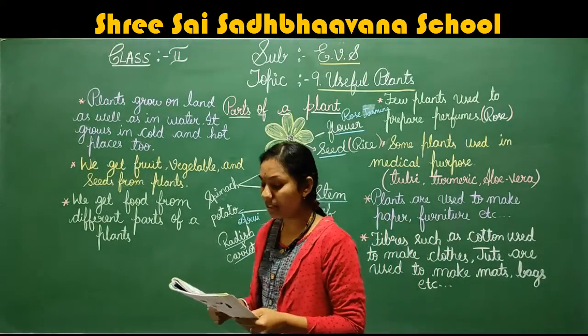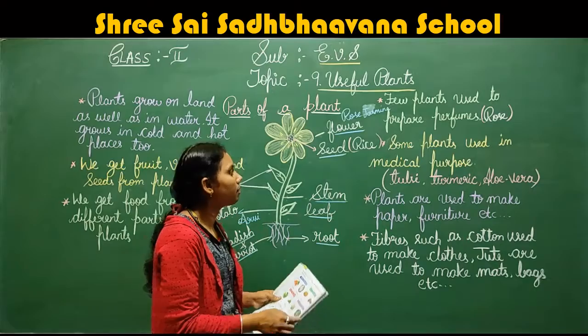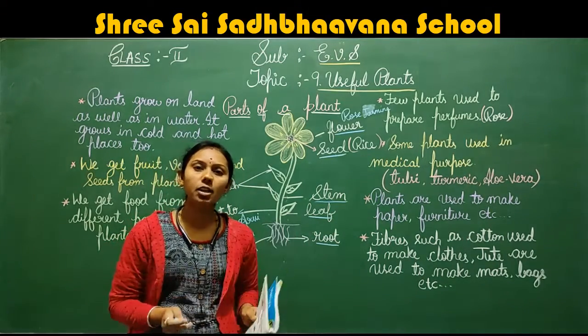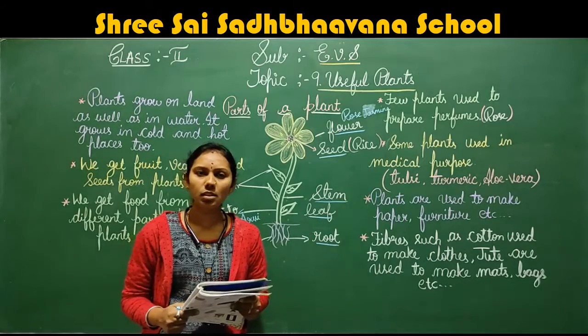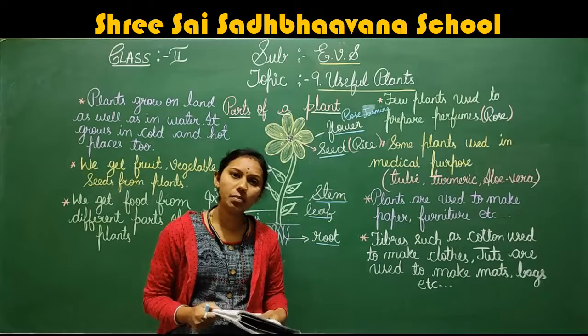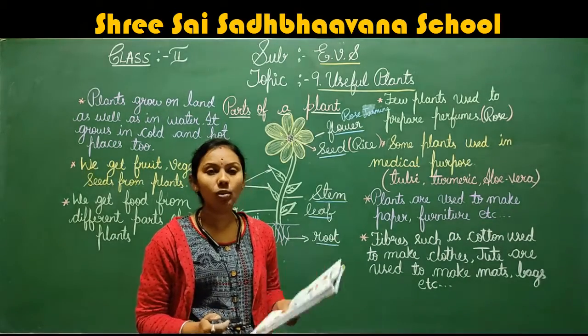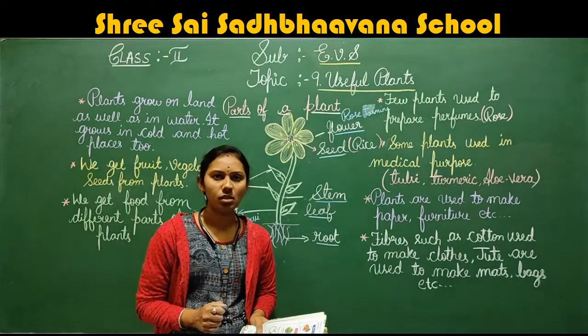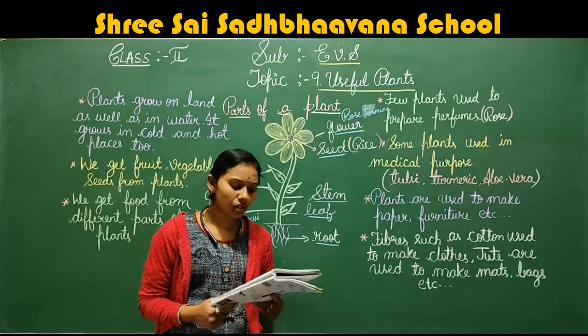Next, flower. You can see the flower part, that is cauliflower. Have you seen cauliflower? So cauliflower is a flower vegetable. Then broccoli, broccoli is also a flower vegetable.